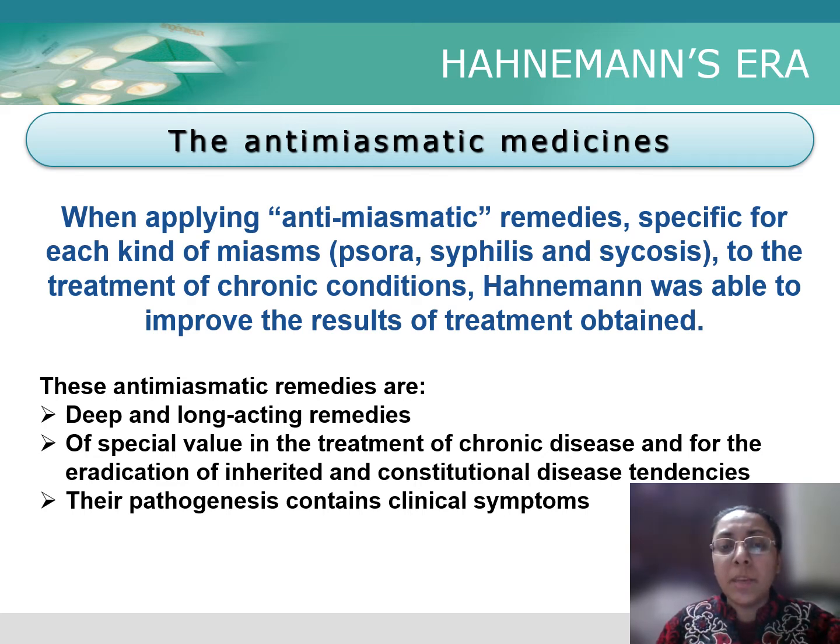These anti-miasmatic remedies are deep and long-acting remedies. They are of special value in the treatment of chronic disease and for the eradication of inherited and constitutional disease tendencies. And the pathogenesis of these remedies contains clinical symptoms, that is, the symptoms obtained during their proving on the sick individuals.